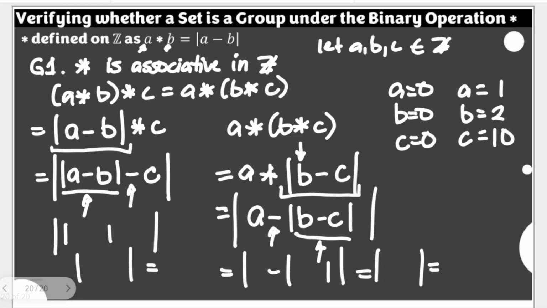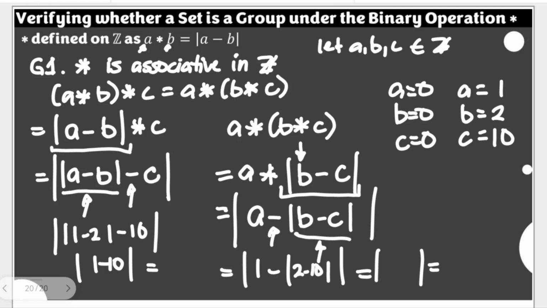For the left-hand side, you have 1 minus 2, then minus 10. So you have negative 1 minus 10. Oh, no, sorry, absolute value. The absolute value of negative 1 is 1, and then minus 10.